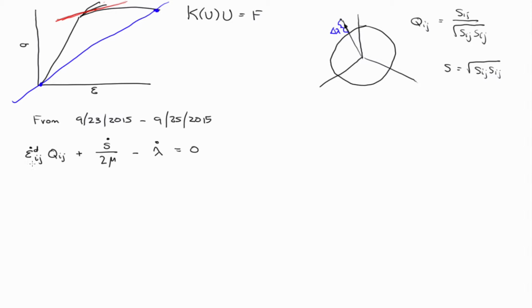So if we use a kind of Euler, well, we won't decide yet, but we're going to say that the total strain rate is the increment between n plus 1 and n over delta t, Qij, plus delta S over delta t, 1 over 2 mu, minus delta lambda over delta t. That's equal to 0. And of course, the delta t's all cancel, so it doesn't even matter that time is fictitious here.